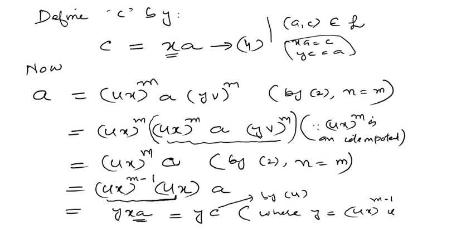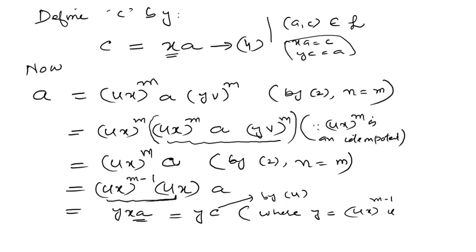You can write two steps. First write yxa where y is equal to ux power m minus 1 u. The next step you will write yc, and justify it by fourth. So thus we have c equal to xa and a equal to yc. So that means a and c are L related.